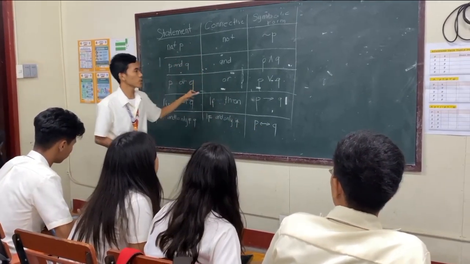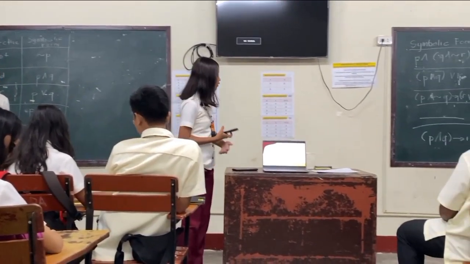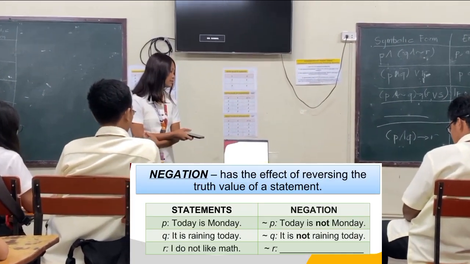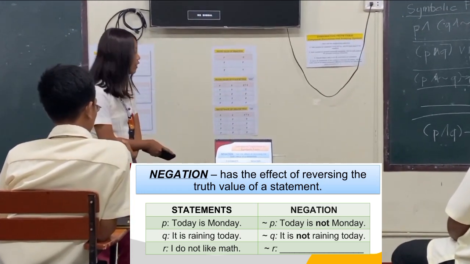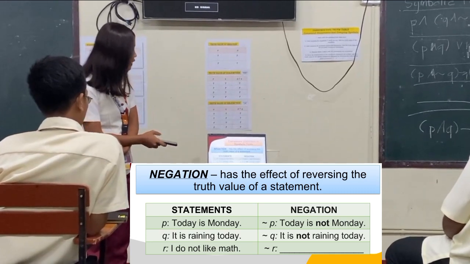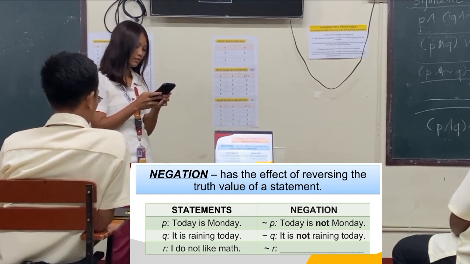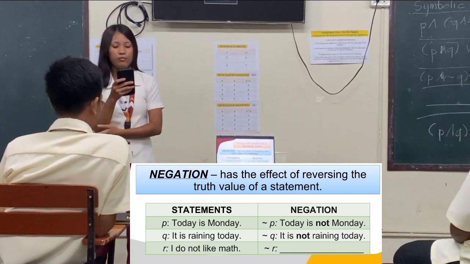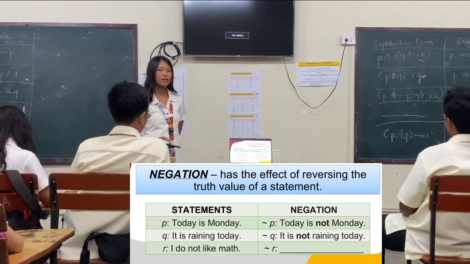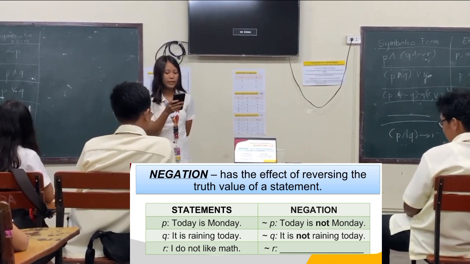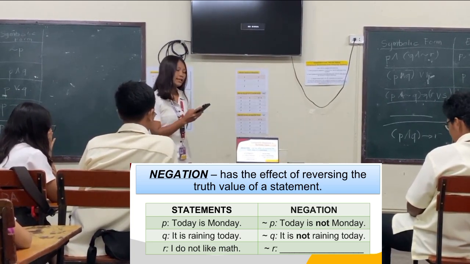Is all of this clear? Compound statements, symbolic form: negation has the effect of reversing the truth value of a statement. When we say negation, it is a statement that reverses the truth value of a statement. We use the symbol called the tilde.